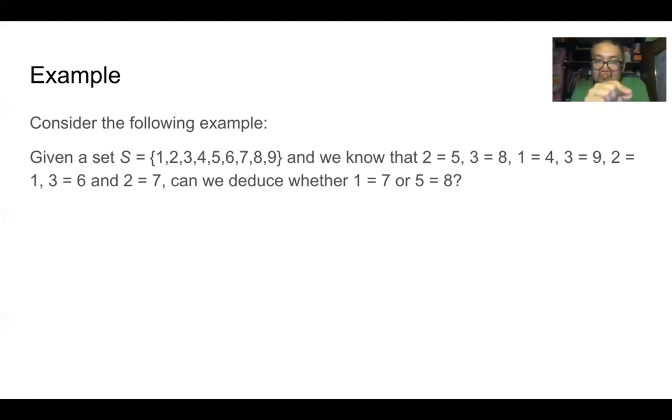So since si 2 related sa 1, si 1 related sa 2 because of being symmetric. And then, kung si 1 related sa 2, si 2 related sa 7, therefore si 1 related sa 7 by transitivity. With 5 and 8, we don't know, and so we can see that they are not related with one another.